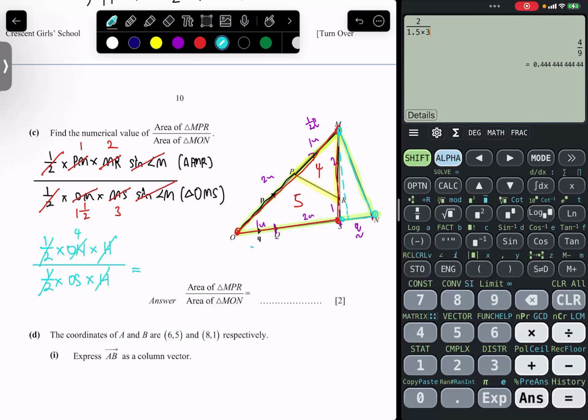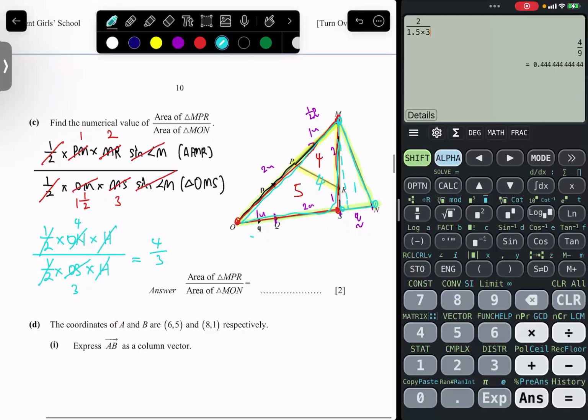So ON itself is 4 units, OS itself is 3 units. So 4 over 3. So that means at the blue portion, this whole thing is worth 4, this is worth 1. Okay, so that means MPR is equal to 4 over 9 multiplied by 3 over 4.